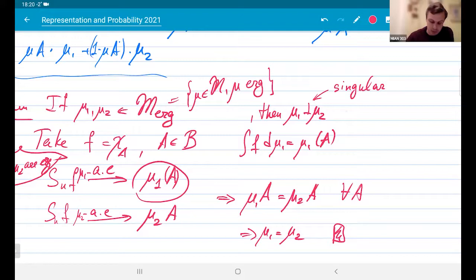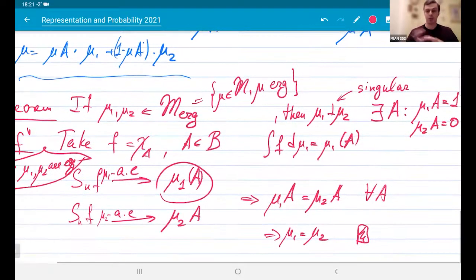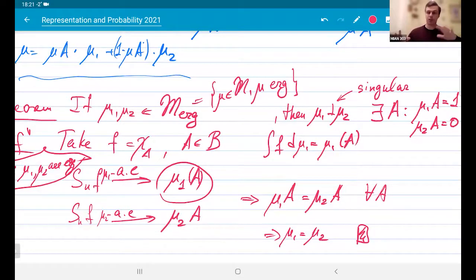This means that there exists some A such that mu1 of A equals 1 and mu2 of A equals 0. So you can say that the measure mu1 lives on this A, while mu2 lives on its complement. For one measure the measure of this set is 0, and for the other measure, the measure of its complement is 0.